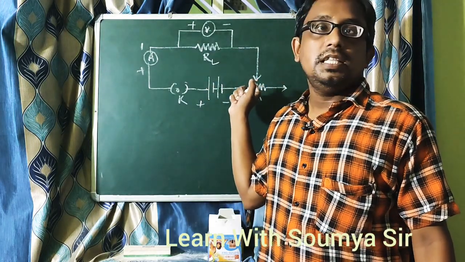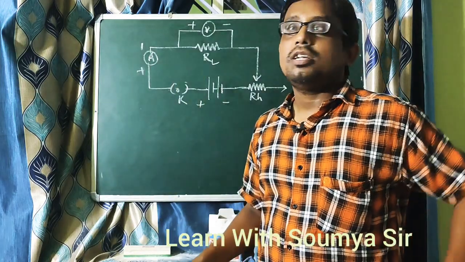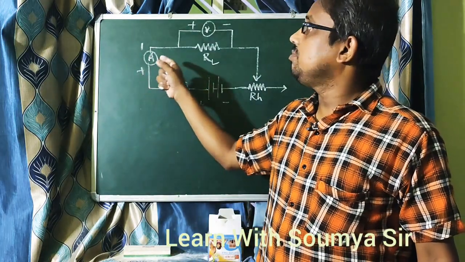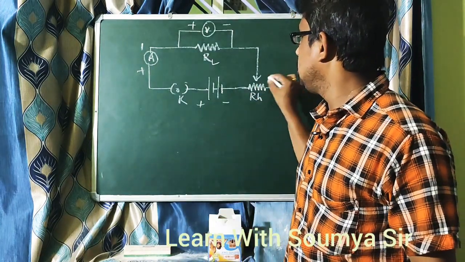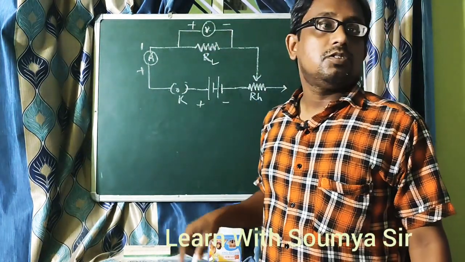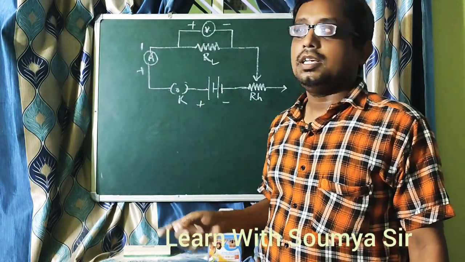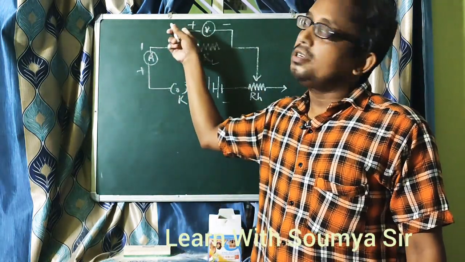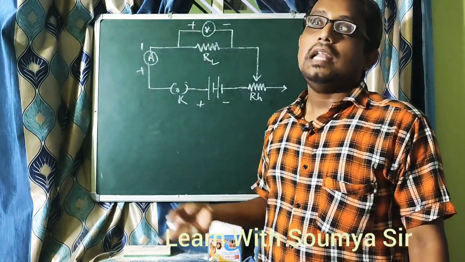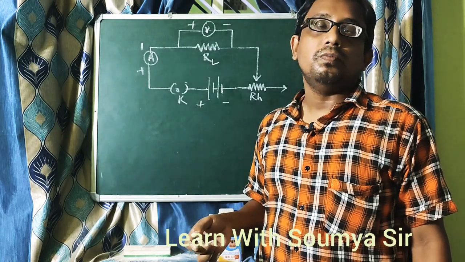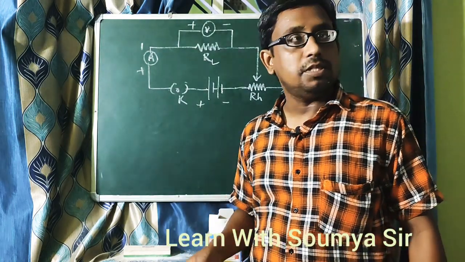So when we change the rheostat, there will be corresponding readings of voltmeter and ammeter. Suppose I put the rheostat in this position, the voltmeter will show some voltage and the ammeter will show some current. Again I will change the rheostat, the voltmeter will show the voltage, the ammeter will show the current. Like that you will find the values of voltage and current in different observations.